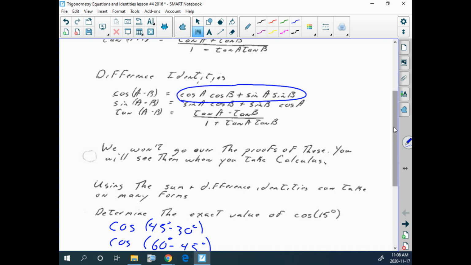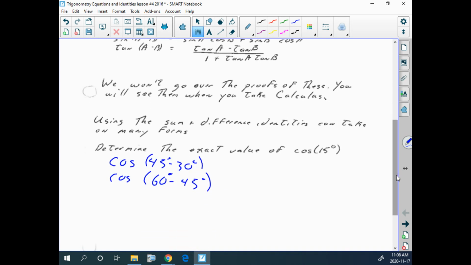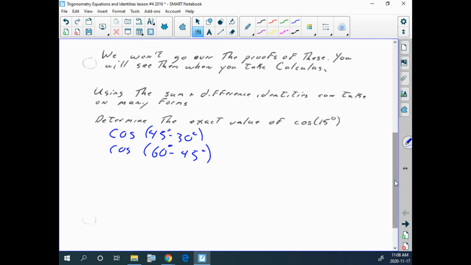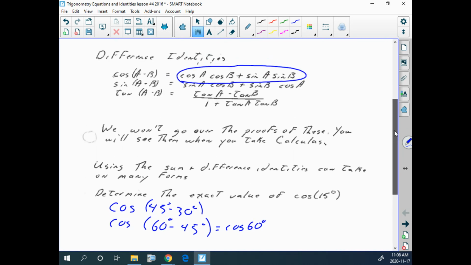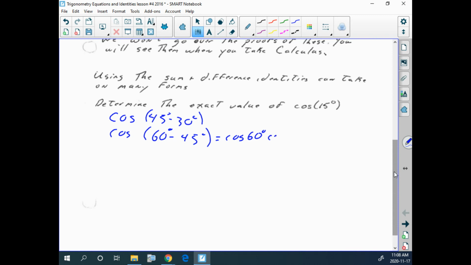Now I'm going to use the 60 minus 45, but you're going to get the same answer if you use the 45 minus 30. So this is equal to cosine of 60, cosine of 45, plus sine of 60 times sine of 45.